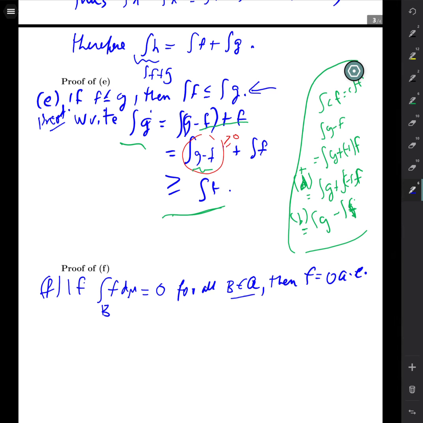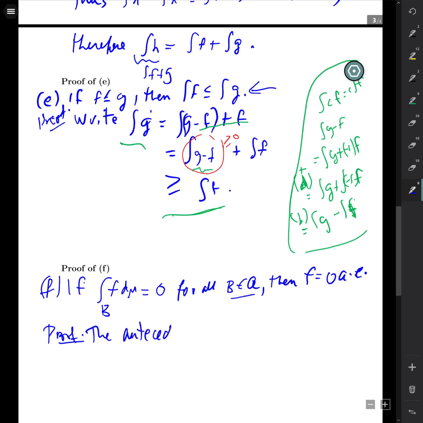So in fact, we're going to use particular sets to prove this. So for our proof, the condition, the antecedent, implies that the integral of f over the set where f is positive, that's the particular B I'm going to use, is equal to 0.